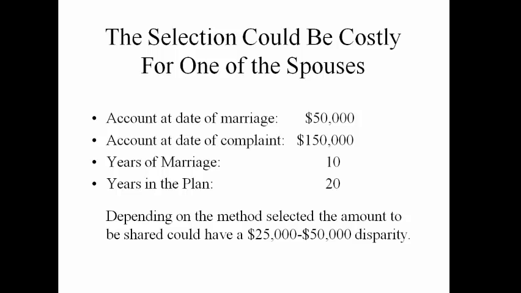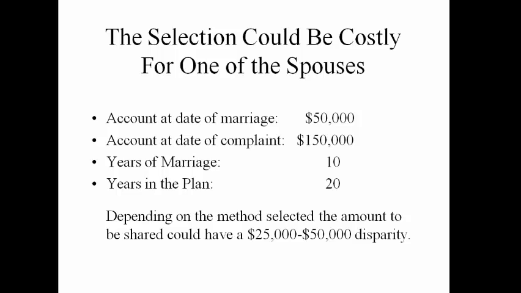So if a good tracing were done, we might find that $80,000 of the $100,000 which accrued during the marriage was traced and applicable to the contributions made during the marriage. So for tracing purposes, let's set the tracing number at $80,000.